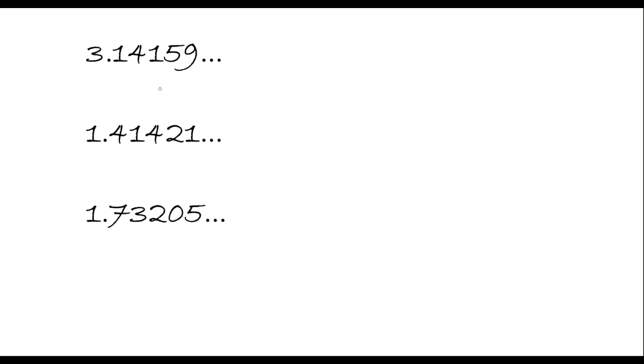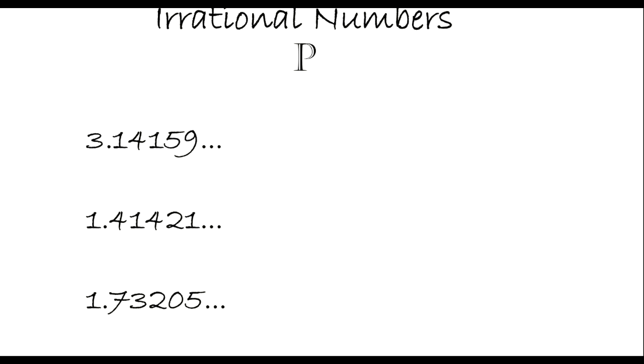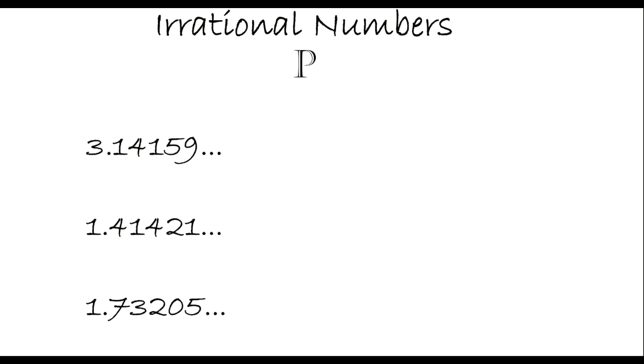What is the name? The name is irrational numbers. Those numbers are irrational numbers, just the opposite of the rational. So those are not included in rational numbers, those are irrational numbers.